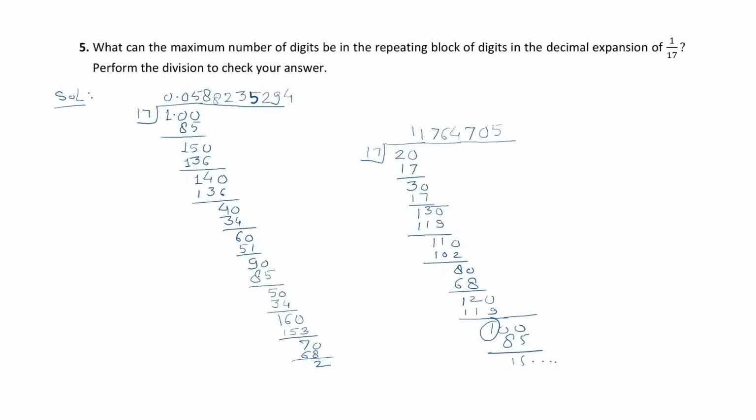So we can say the decimal expansion of 1 by 17 equals 0.8823529411764705 and so on.